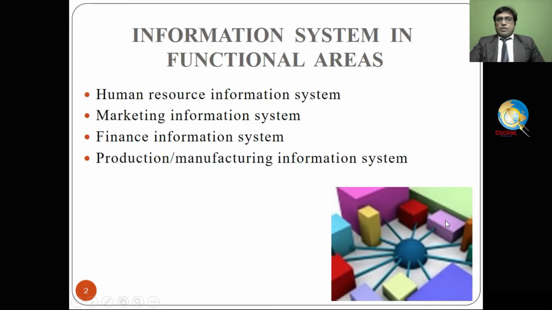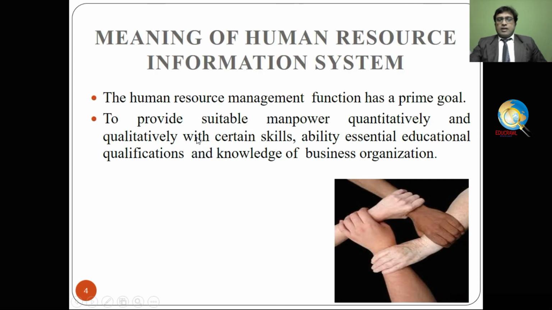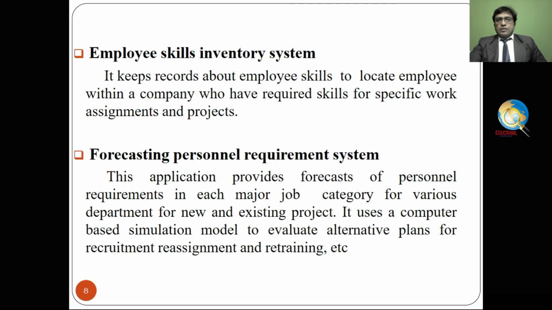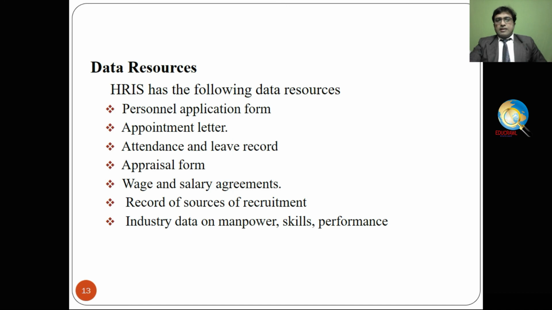Clicking this, I'm telling that we are going to see about the HR information system. If I click HR, this slide will directly go to the custom show of HR. You can see only the details related to HR will be visible here. After this, it has come to the end of the show.